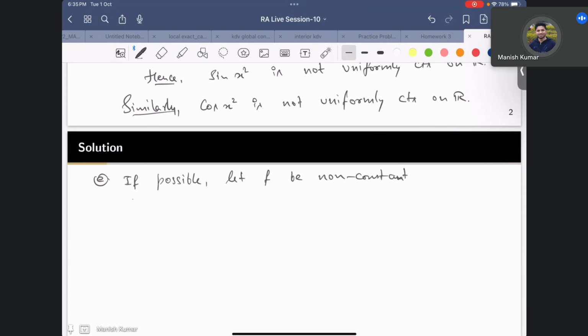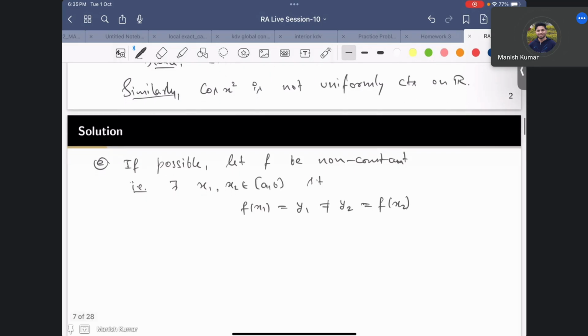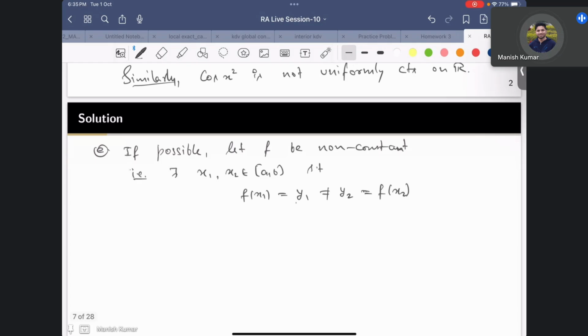So that means that there exist x1, x2 in (a, b) such that f(x1) = y1 is not equal to y2, which is f(x2), where obviously y1 and y2 belong to the rational numbers.